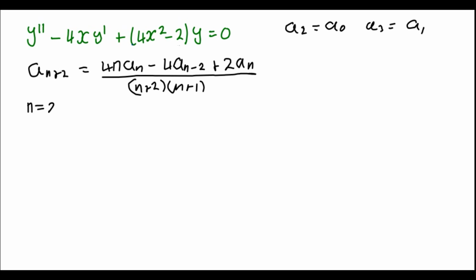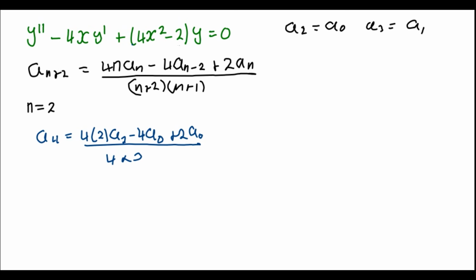Let me look at what I'm going to have. If I plug in 2 there, this would be a sub 4 is equal to 4 multiplied by 2, then a sub 2 minus 4 a sub 0. Why am I saying 0? When you plug in 2 here, that would be 2 minus 2, giving you 0, then plus 2 a sub 0, divided by 4 multiplied by 3.